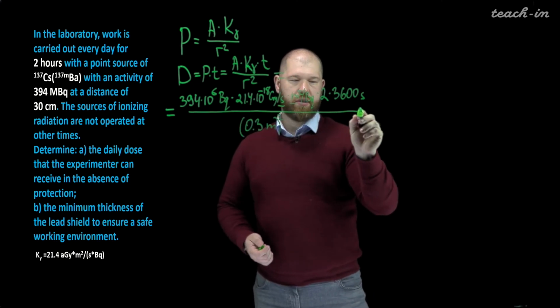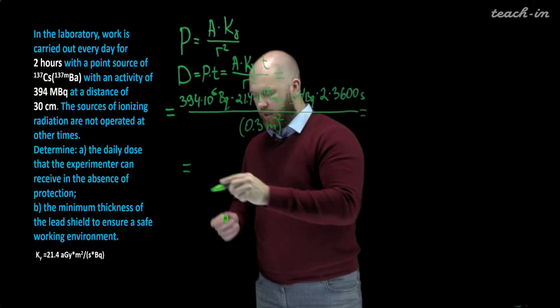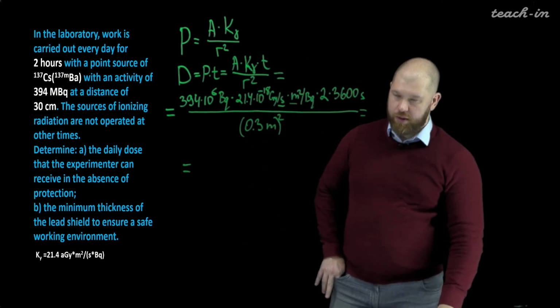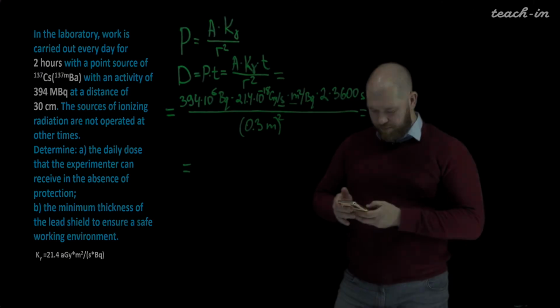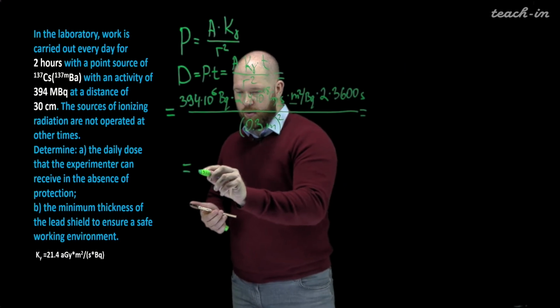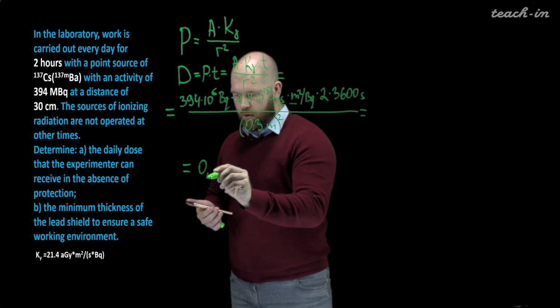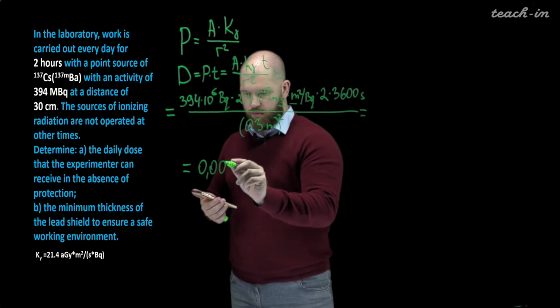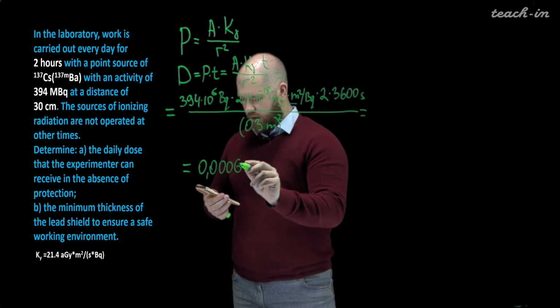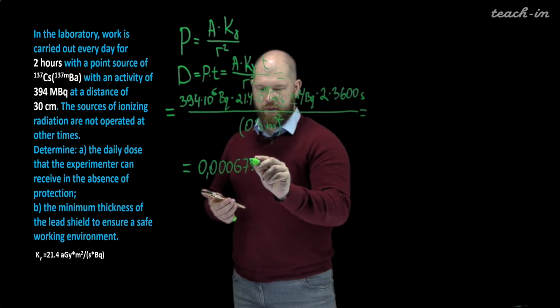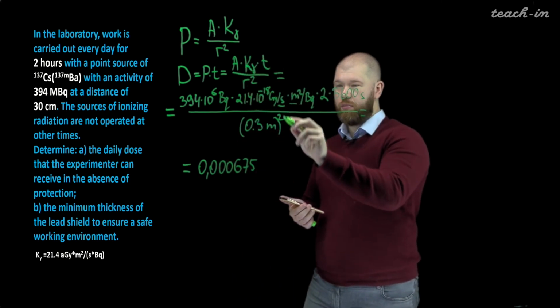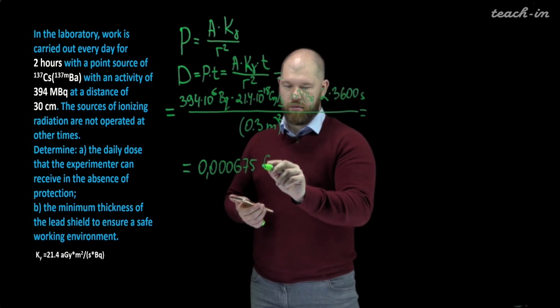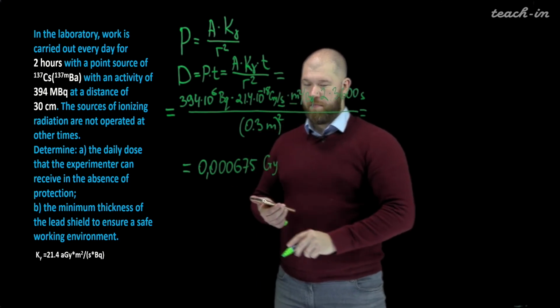So something like this. Okay, now let's calculate together. So it will be 0.00675, let's say, gray.